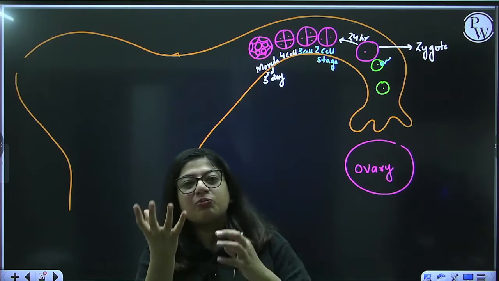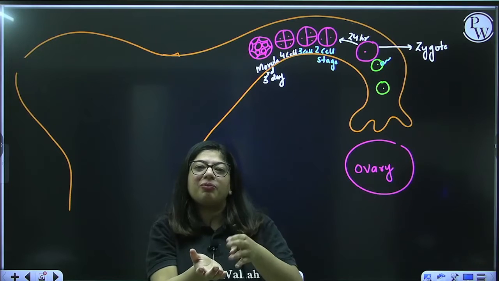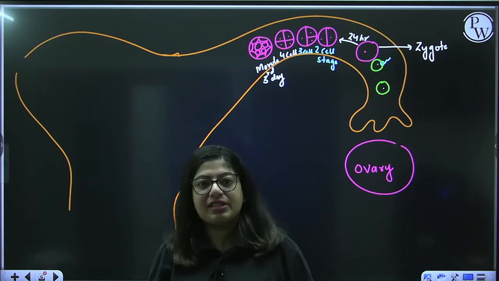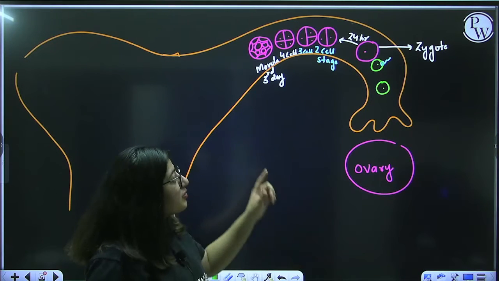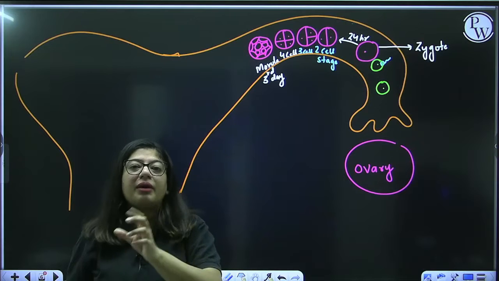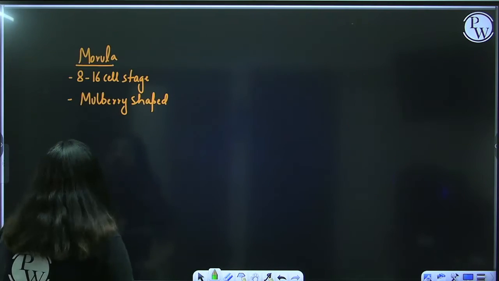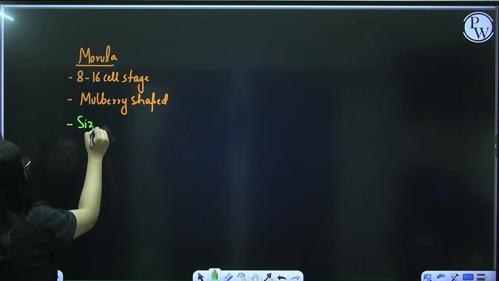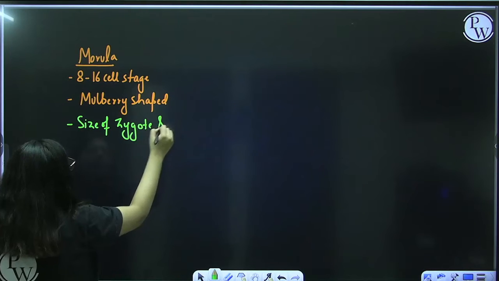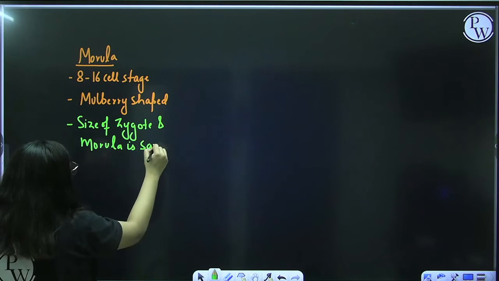Earlier this ball was also the zygote, but inside it divisions are taking place, so the number of cells increases, but the size of the entire ball is still the same. If I say the size of the zygote is 0.1 mm, the size of the morula is also 0.1 mm in diameter. So the size of zygote and morula is the same, right?